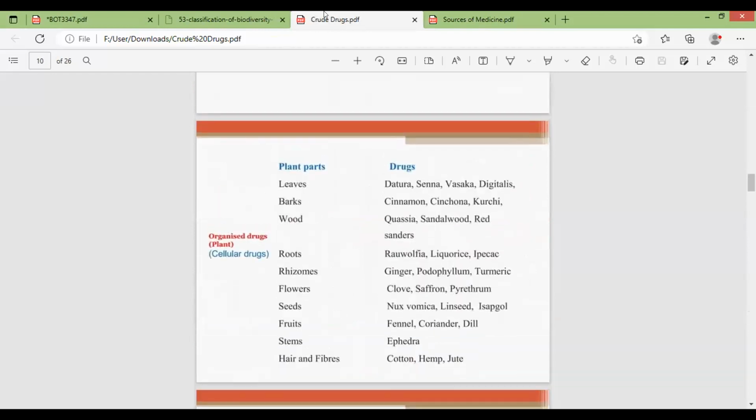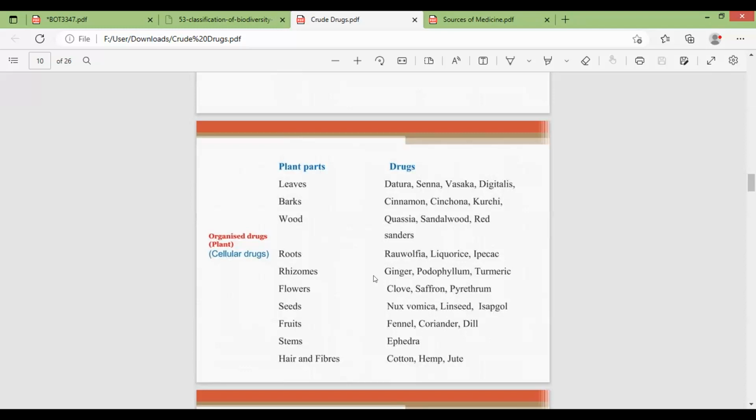Like digitalis produces the active drug. What does it produce? Like morphine is produced from a certain plant.